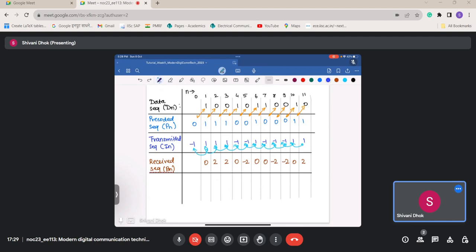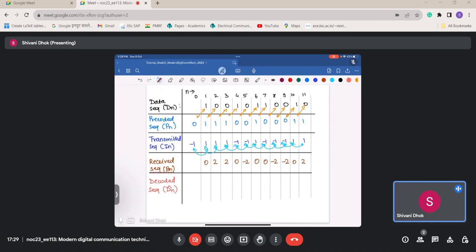So let me use some another color. The decoded sequence, which is, let's say, dn hat, is equal to 1 if your bn is 0, and if your bn is 2 or minus 2, then your dn will be equal to 0.